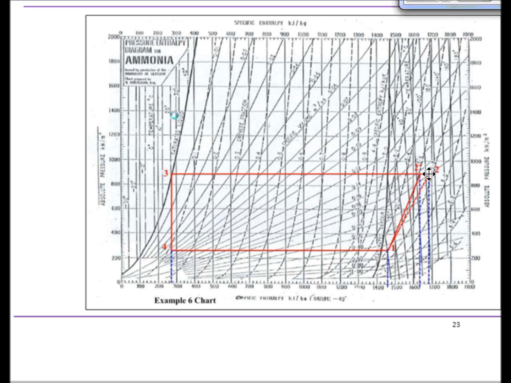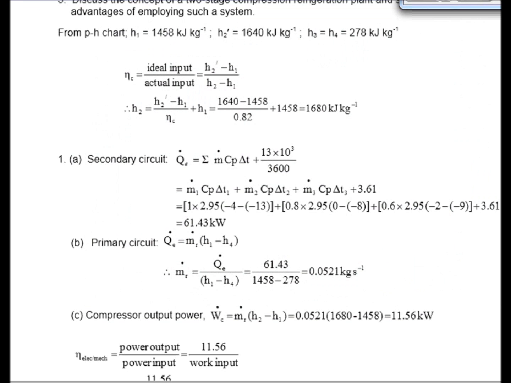The first thing to do, having drawn the basic cycle, is to calculate the actual enthalpy at exit from the compression process, H2. So having listed the enthalpy values from the chart for H1, H2', H3 and H4, if we apply an equation for isentropic efficiency of compression, then we get again our ideal work input over the actual, (H2' minus H1) over (H2 minus H1).